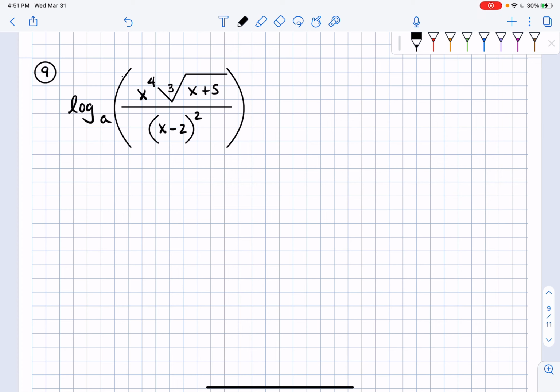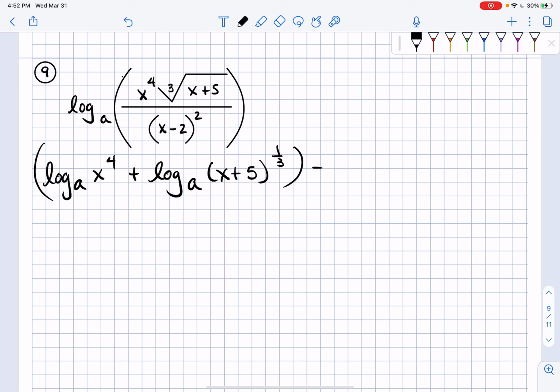So I'm going to have log base A of x to the 4th, plus log base A of x plus 5 raised to the 1/3 power, minus log base A of x minus 2 squared. Okay?